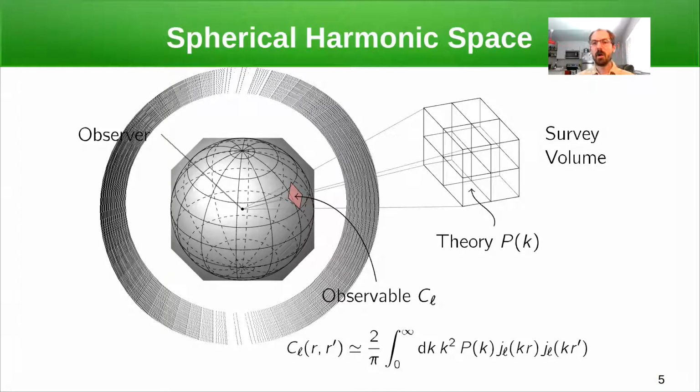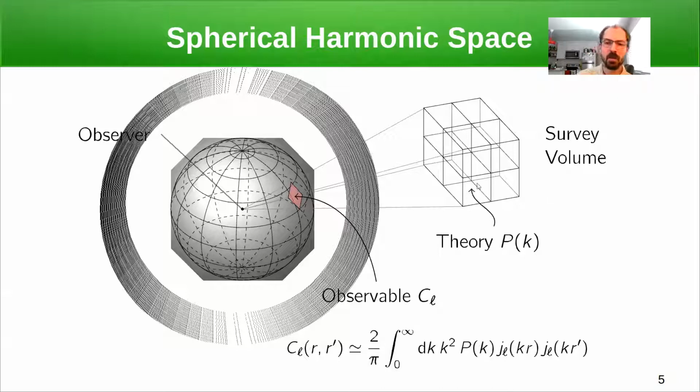The way to think about spherical harmonic space is, if the observer is here at the center of a sphere, then the observable power spectra are the C_ls on a sphere, and they're really projections of a theoretical power spectrum that is typically calculated in a Cartesian coordinate system.